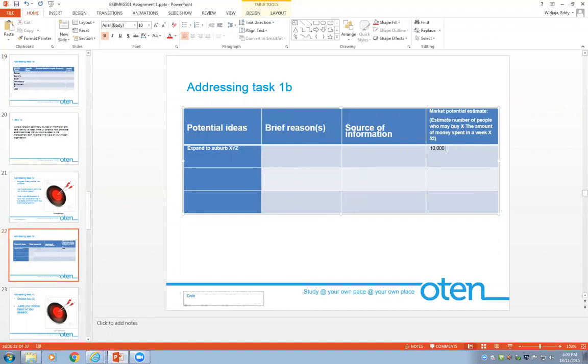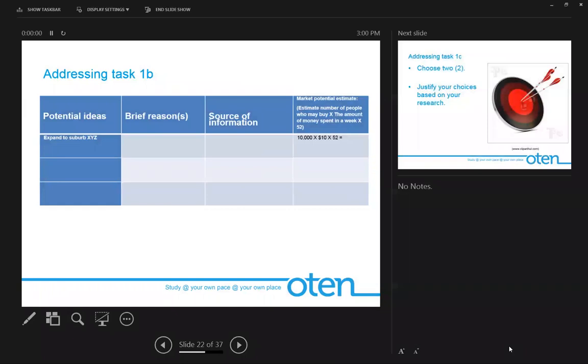And based on the Australian Bureau of Statistics, we understand that there are roughly 10,000 people, and each of them in a week may spend roughly $10. You multiply that by 52, then you get your market potential for that market, for that idea. All right, so hopefully that gives you a bit of an idea in terms of estimating market potential.